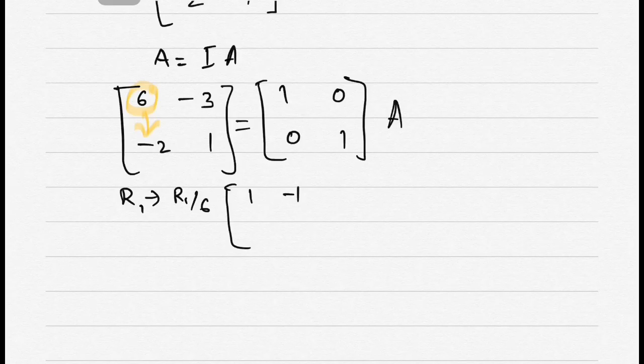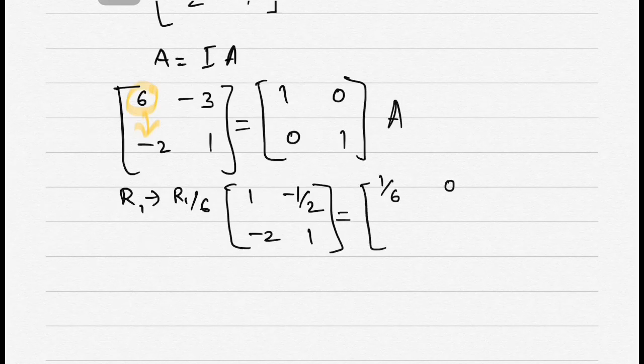We get 1, minus 1 by 2, and on the right 1 by 6, 0. We have not done any change in row 2. In row 1 we have divided each element by 6.